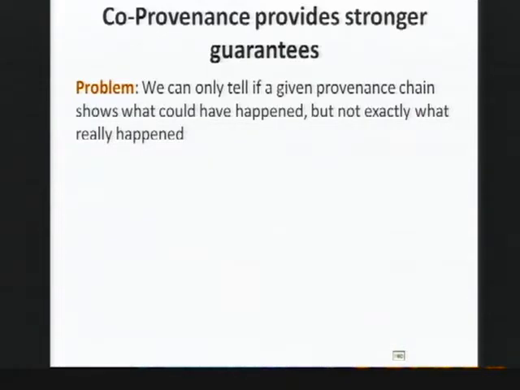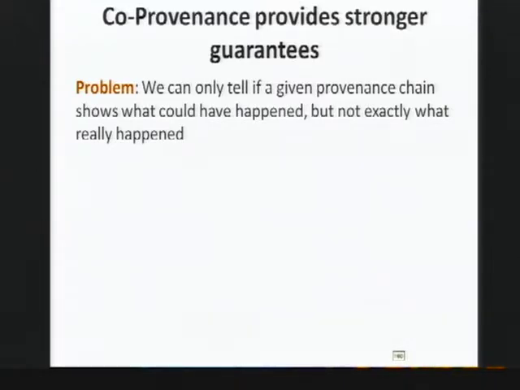But you can't say that this is exactly what happened. Rather, we can only say that this is a plausible provenance chain. This is something that could have happened. Something could have brought the document from its original state to its final state. So we cannot say this is what happened for sure. We just say this is something that could have happened, but there might be cases where this is important.